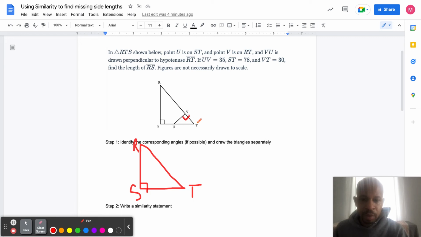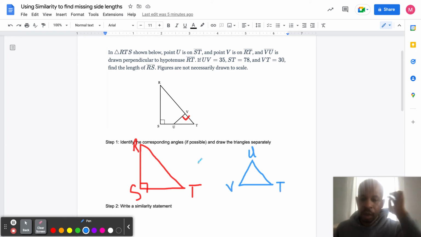Notice that there's another triangle here, triangle VUT. So let's draw that separately as well. Just to kind of zoom in on both of these triangles without them being inside each other, right? And whenever the triangles are overlapping like this, please draw them separately. I think it'll make your life easier.